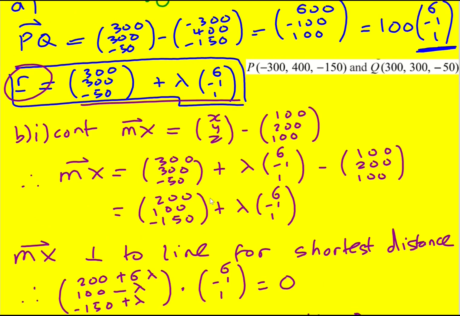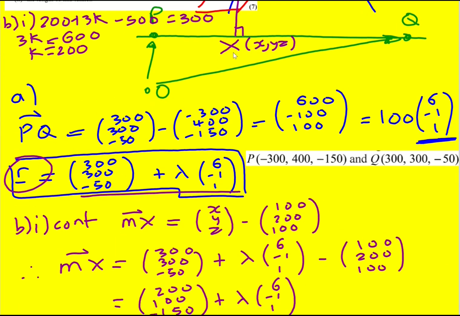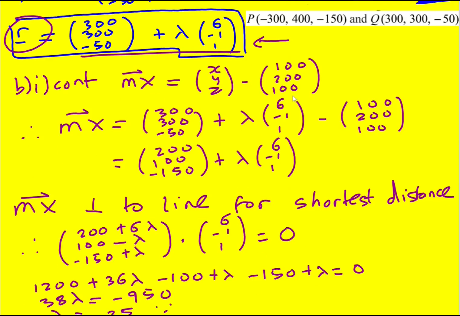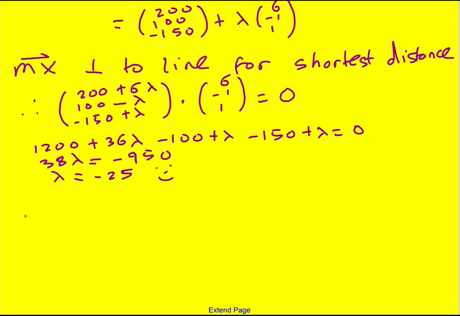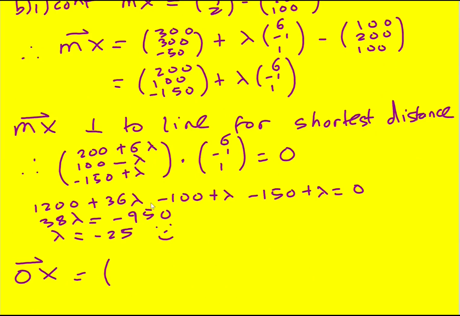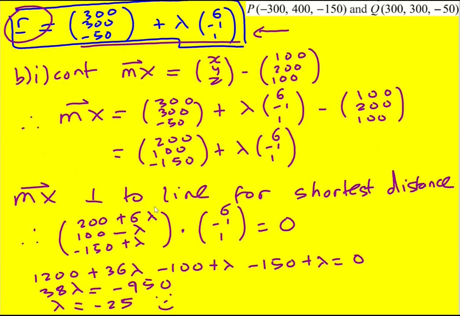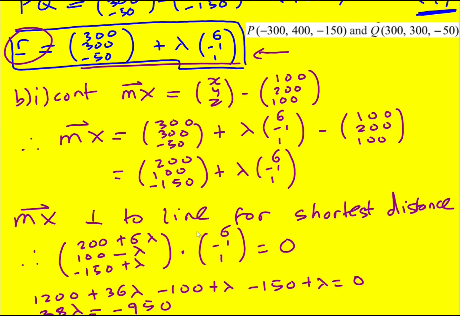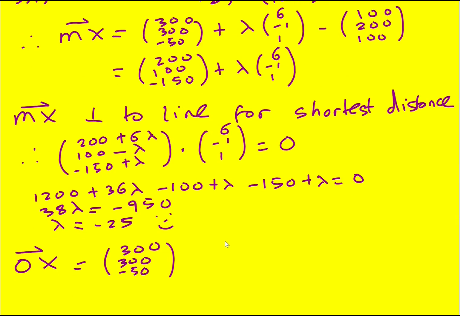So for OX, we can sub it back into this equation from A. So we get (300, 300, -50) plus minus 25 times (6, -1, 1).